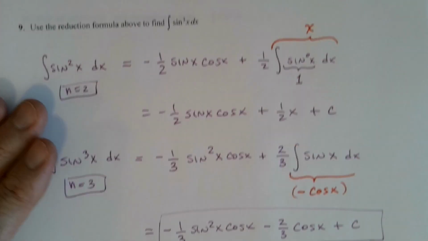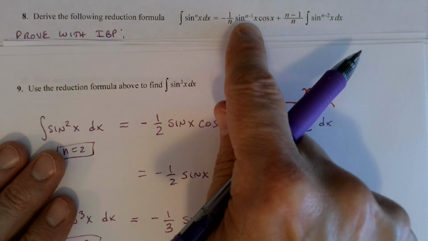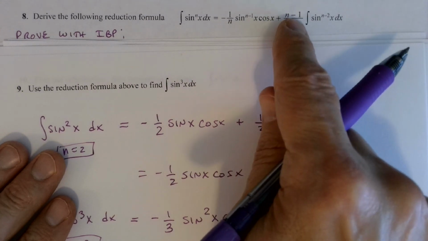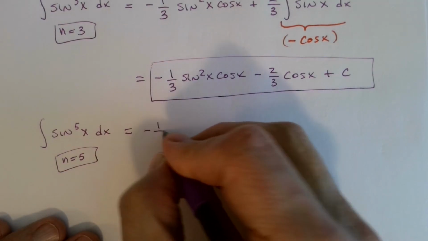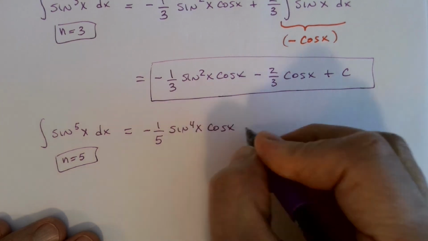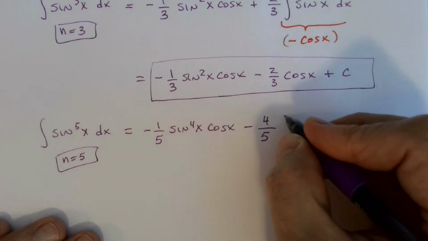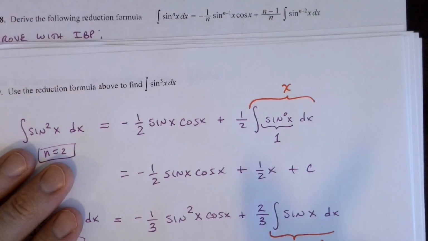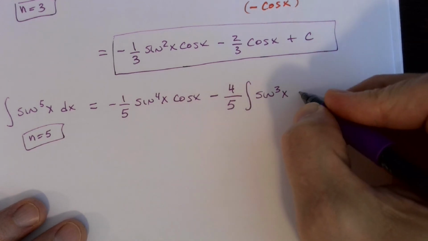Going back to this formula, I'm going to replace n with 5, so it's negative 1/5 sine to the 4th x cosine x, minus n minus 1 over n, which is 4/5, integral of sine to the n minus 2, and n is 5, so 5 minus 2 is sine cubed x dx.